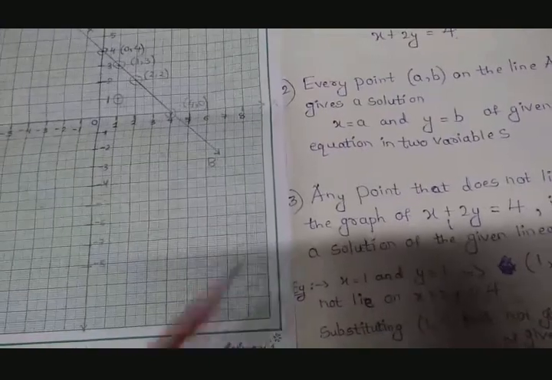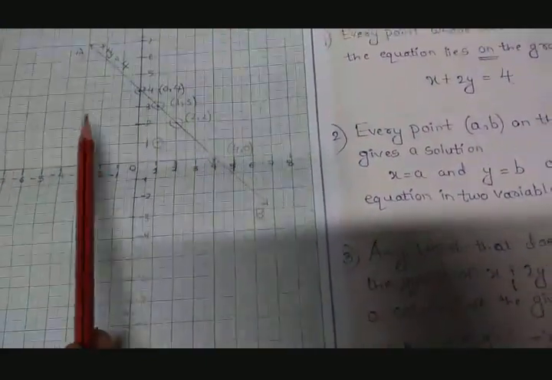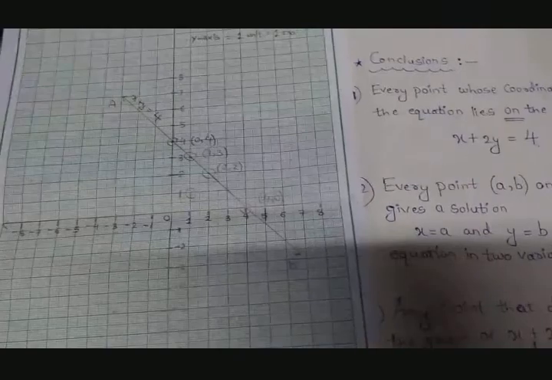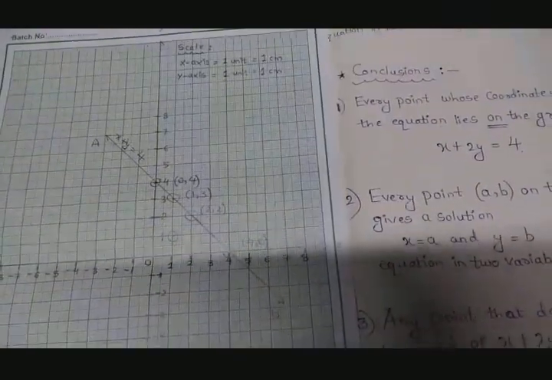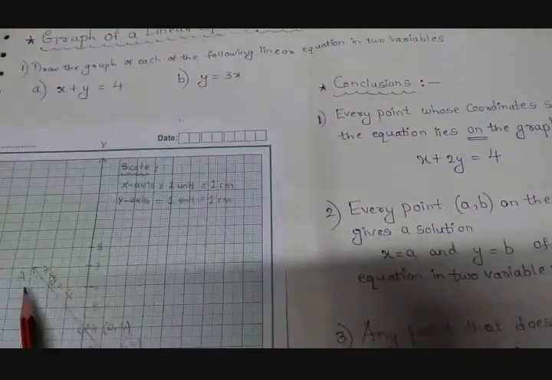Hence we conclude that any point above or below the line does not satisfy the given linear equation in two variables. So these are the conclusions that we have obtained from the graph, that is x plus 2y equals 4. Now let us move on to the next problem, that is y equals 3x.